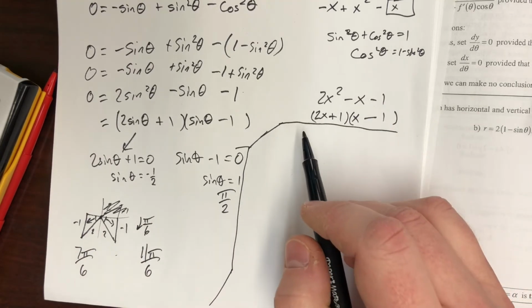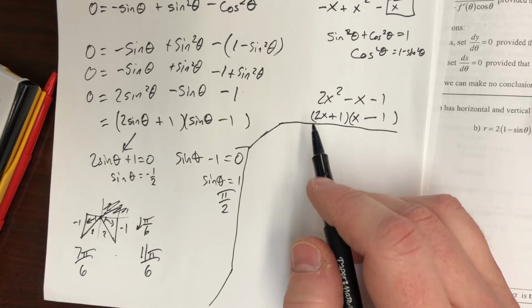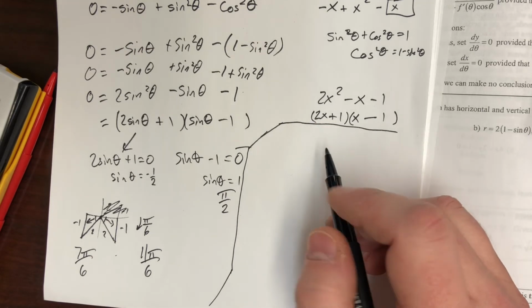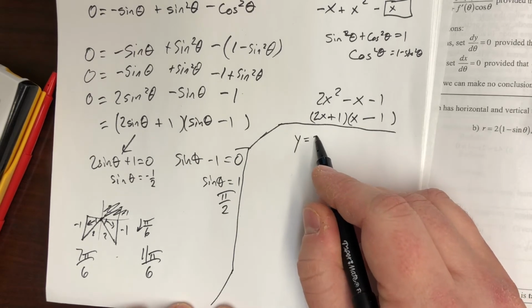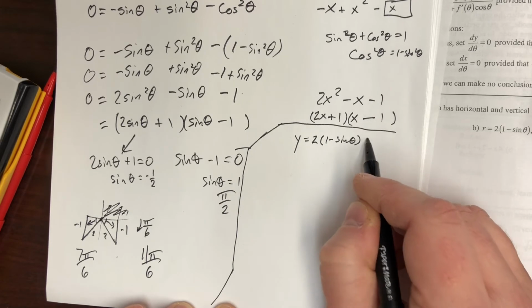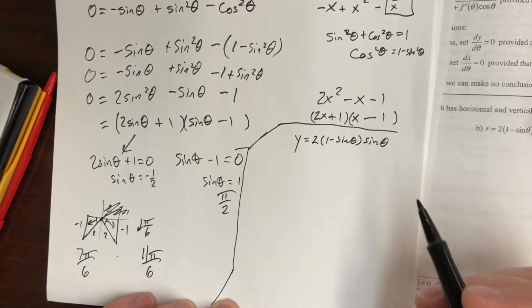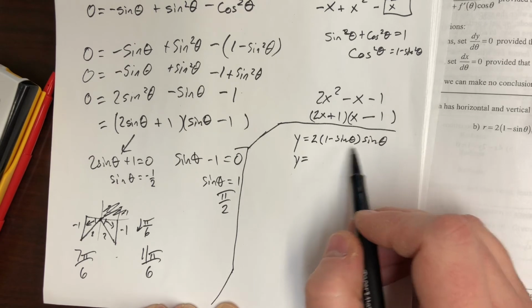And we're going to see something interesting with this problem if I remember correctly. So let's see. Y is equal to r sine theta. So I'll just distribute everything out like I did before.